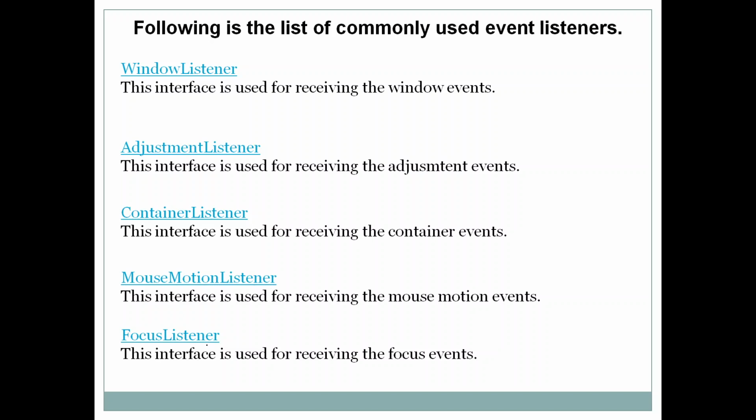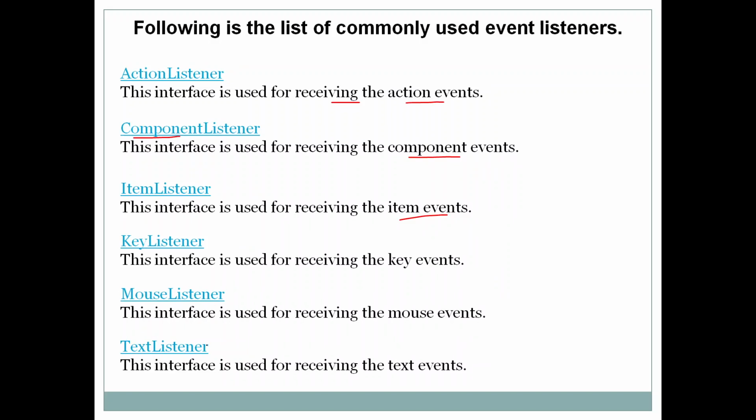For every event class we have an event listener interface. As you can see, we have ActionEvent and ActionListener interface, ComponentEvent and ComponentListener interface, ItemEvent and ItemListener interface. To handle each event we have a particular type of listener interface.